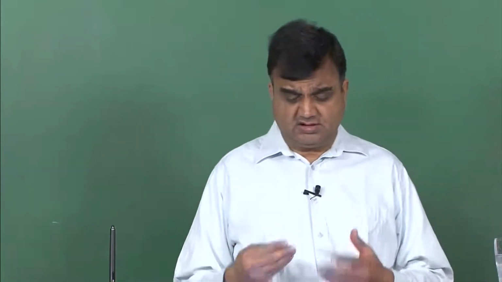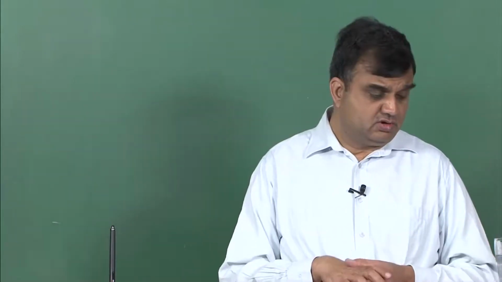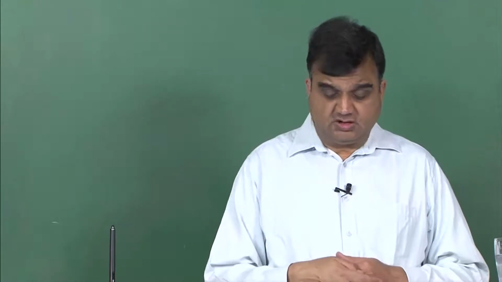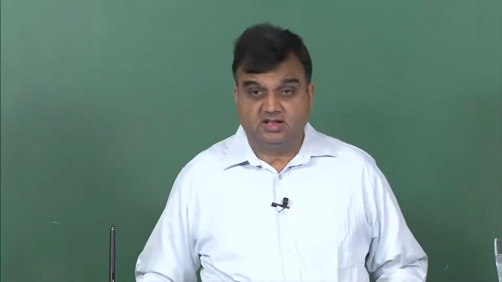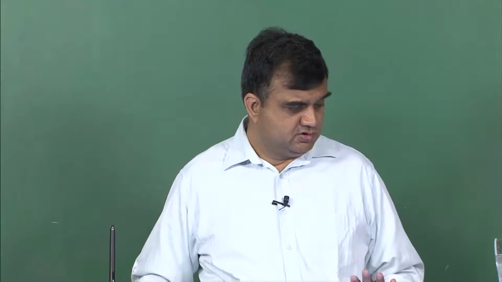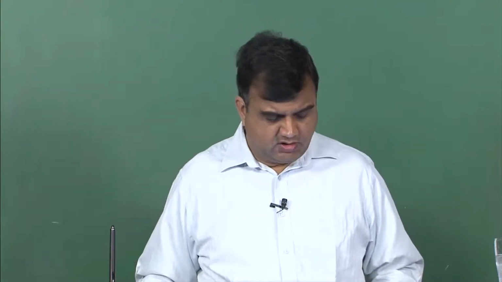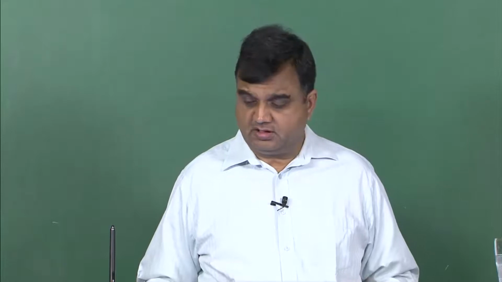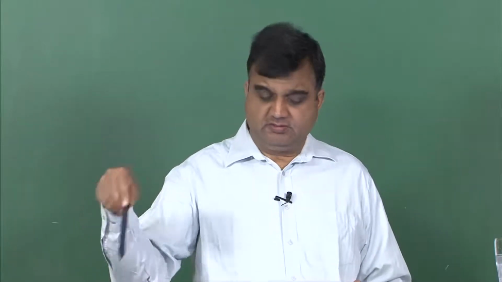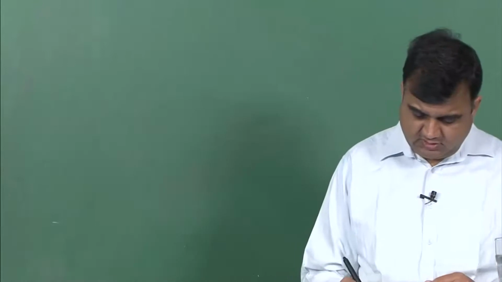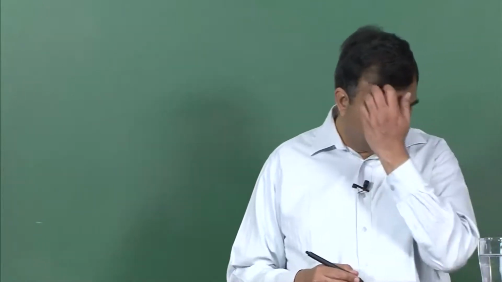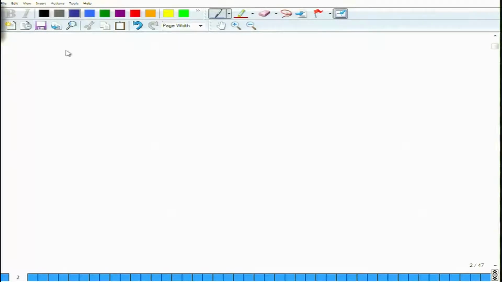But if you are interested, you can refer to the paper by Jones and also his book, and you will find the details in there. So, this concludes our discussion for this particular topic. Now, what we will do is we will move on to the next topic, and that is about generalized Hooke's law.